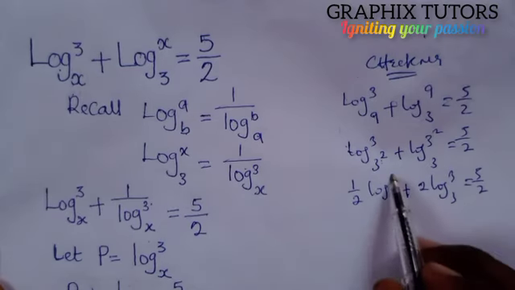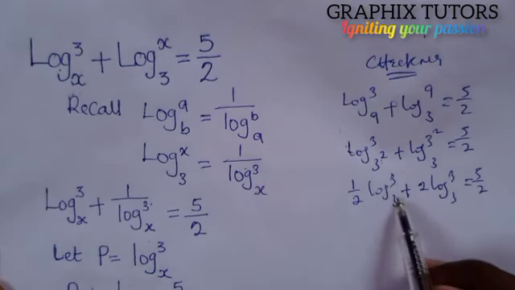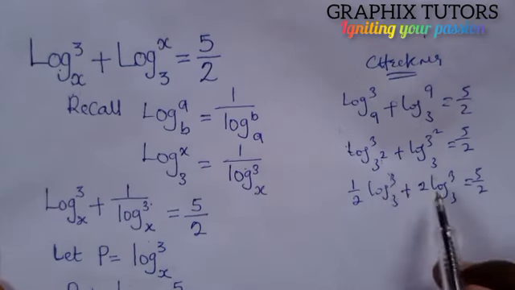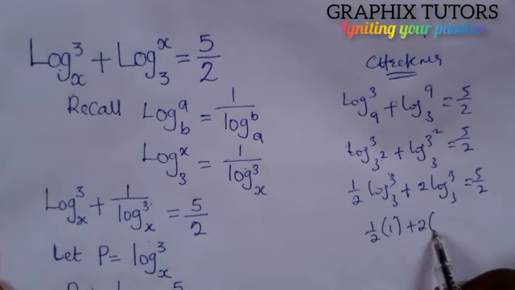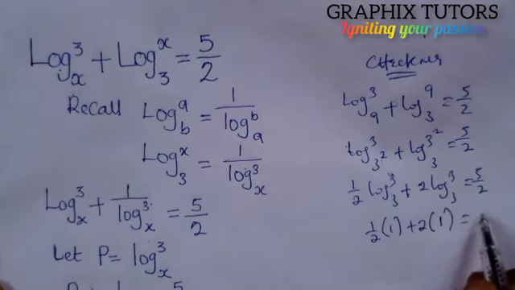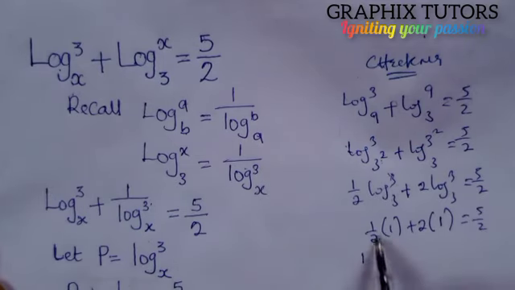So from here, we know log 3 to 3, when they are the same values, becomes 1. So we have 1 all over 2 into bracket 1 plus 2 bracket 1, right? We must have 5 over 2. So from here, we now have 1 over 2 times 1 will give 1 over 2 plus 2. We must have 5 over 2.